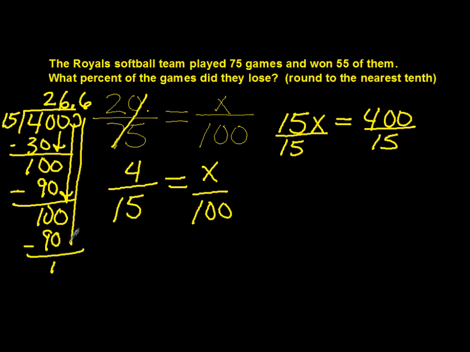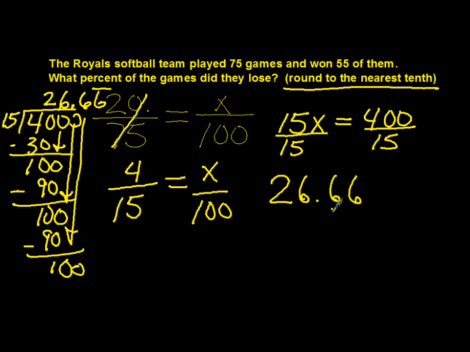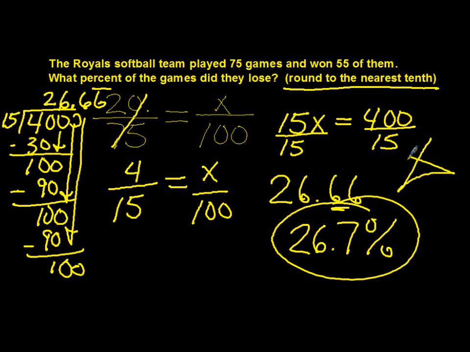Bring down a 0. And you can see that it's going to repeat itself over and over again. And the problem said round to the nearest tenth. So if we have 26.66, here's our tenths. Our answer would be 26.7%. Give yourself a star if you completed it.